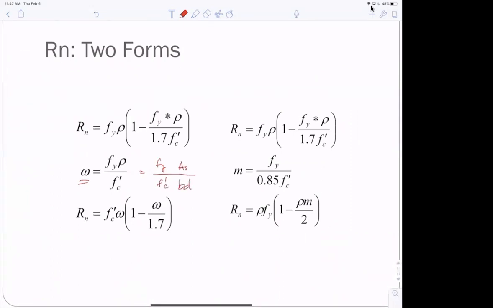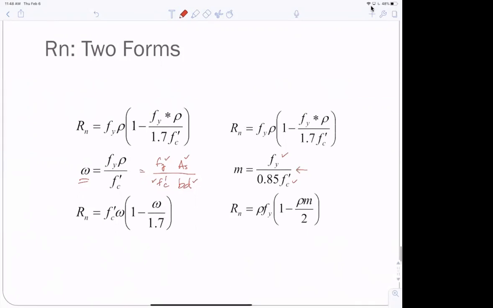So it's kind of like steel stress times steel area divided by concrete stress and concrete area. That's what this is. Or you have m, which is just the ratio of steel stress to concrete stress. So you can make this substitution and then you get this. So this is a handy equation. Or you can make that substitution and get this.